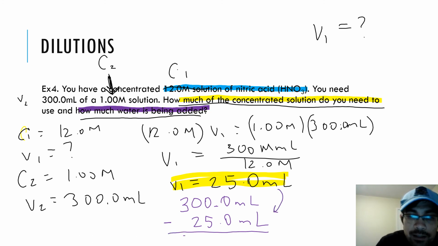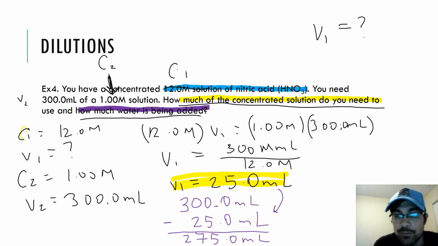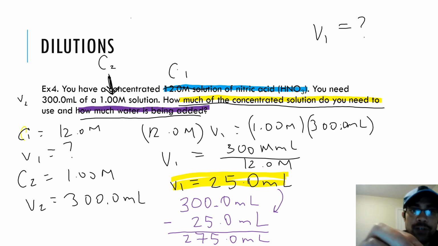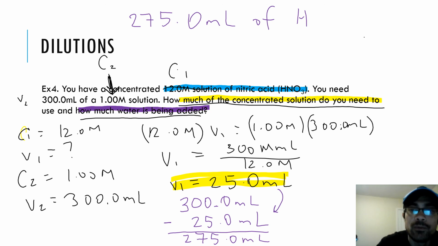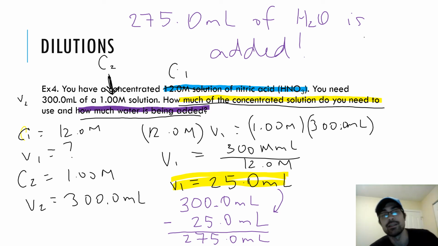That means we had to add 275 milliliters of water to the stock to make our 300 milliliters of solution. So 275 milliliters of H2O is added. Hooray! We did it!